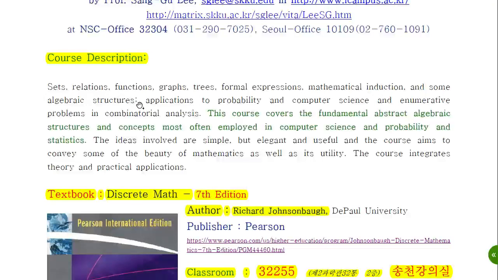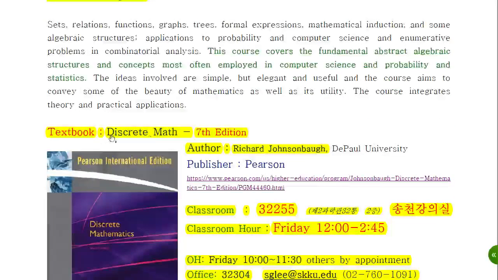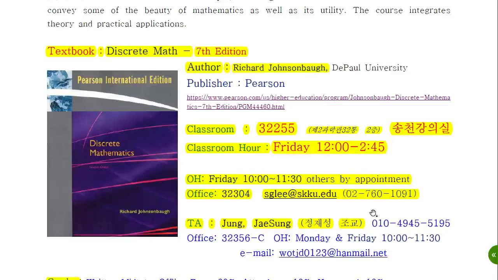In our discrete math course, we will cover the fundamental abstract algebraic structures and concepts which are most often employed in computer science and probability and statistics. Our textbook is Discrete Mathematics, 7th edition, written by Richard Johnsonbaugh at DePaul University.